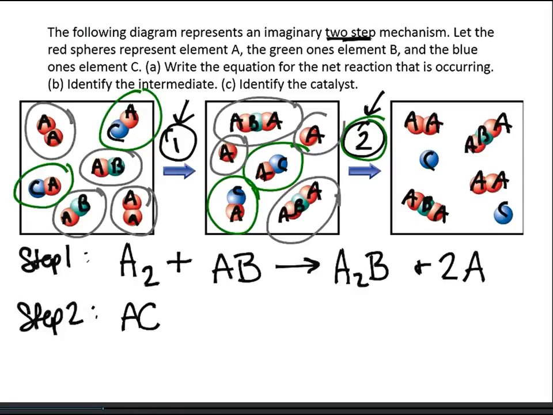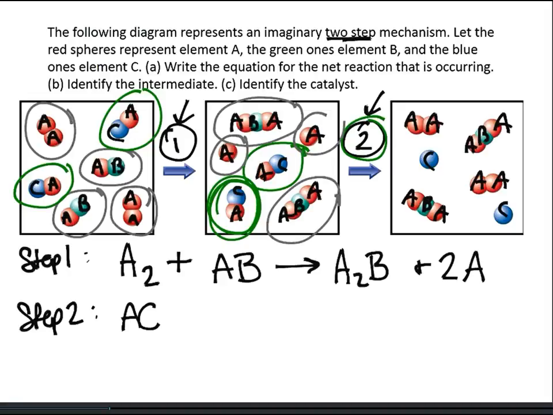The second step, we have AC, which remember has just been hanging around, not doing anything. See how it's hanging around in box 1, but it looks the same in box 2, so nothing happened to it there. So it's just been sitting waiting for step 2 to take place. Step 2 is going to involve the conversion of CA. It appears that CA is going to transfer its A atom to this A atom, and then it's going to be C all by itself here, and then 2 A2s.